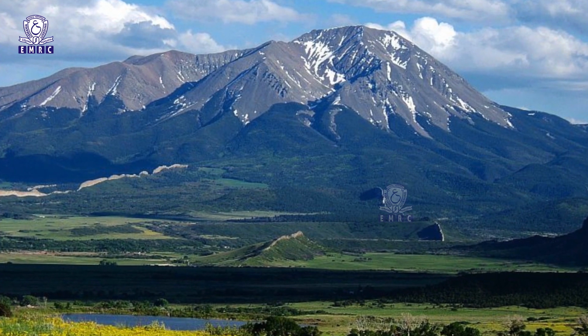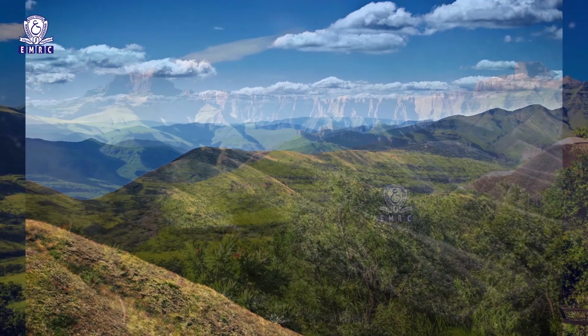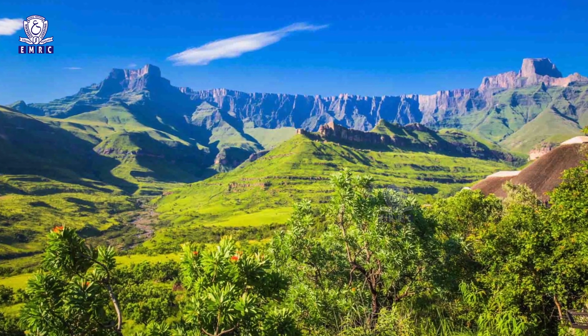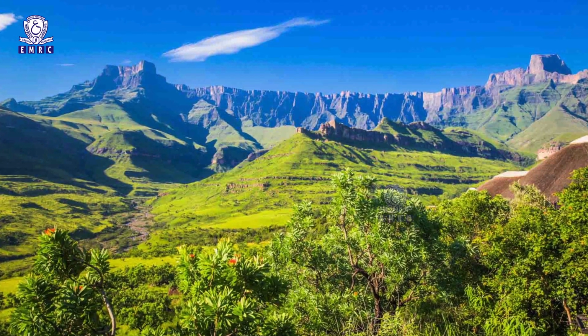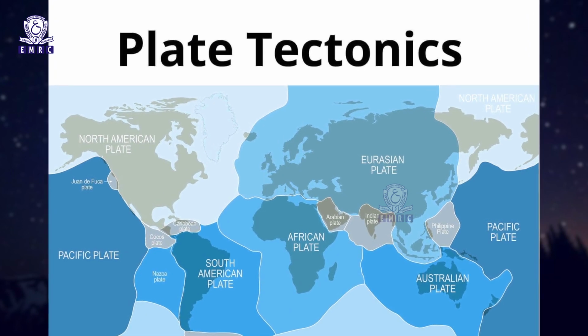The theory does not fully provide a satisfactory explanation for all mountain building activity. There are several mountain ranges, such as the Eastern Highlands of Australia, the Drakensberg Mountains of South Africa and the Serra do Mar, that cannot be related to plate tectonics.